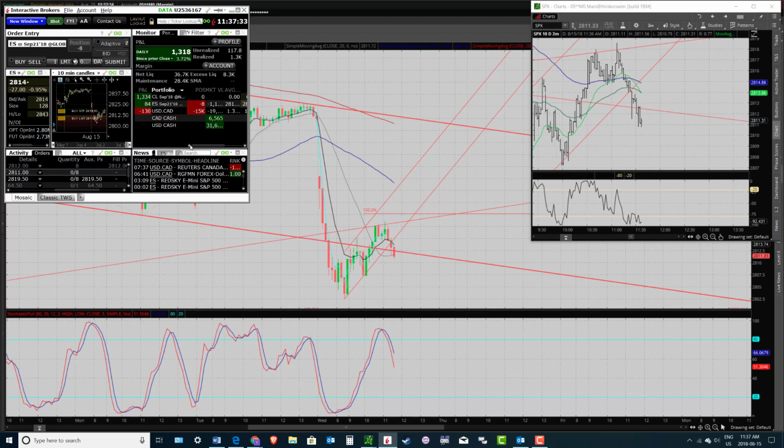It doesn't take a whole lot of movement on 8 contracts to make a few bucks here.